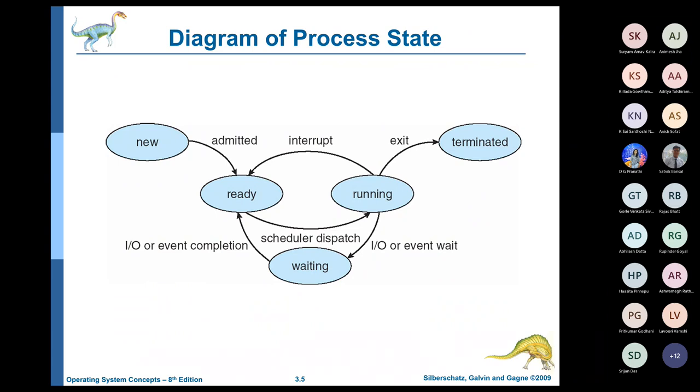When that time quantum or time slice expires, the scheduler mechanism is invoked via an interrupt, which then decides which job should run next.